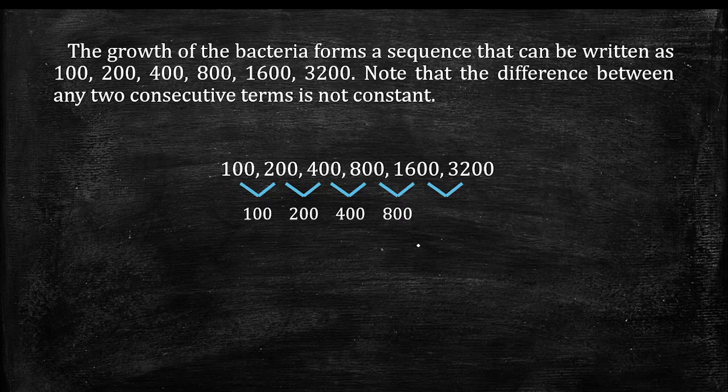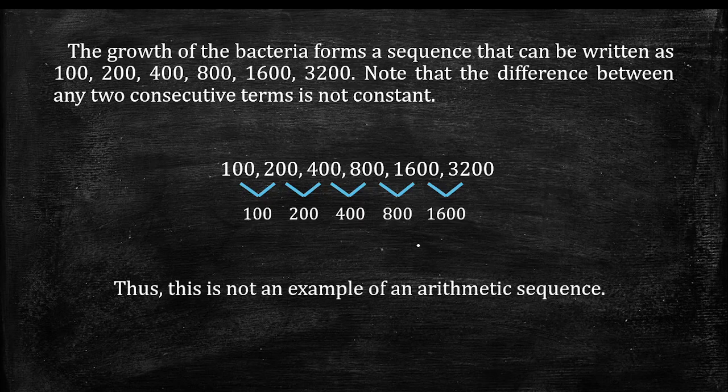And lastly, 1,600 and 3,200, the difference is 1,600. Thus, this is not an example of an arithmetic sequence. Why is it not an arithmetic sequence? It is because it does not have a common difference. If you notice, class, the differences are not all the same.